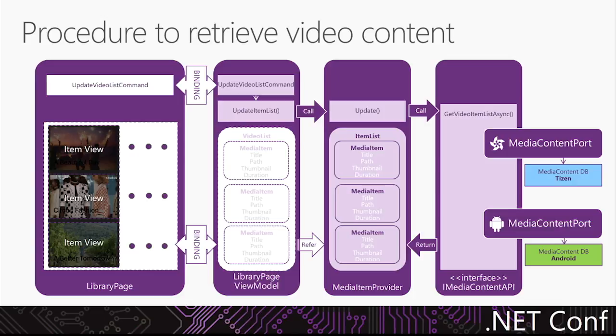This interface also provides get video item list async. This is an async function because async is required to make a thumbnail. So basically, to retrieve video content, specifically video content, we need to set the select arguments. Select arguments usually do where, select something, right?